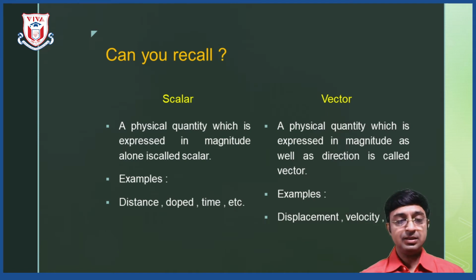For example, what are the examples of scalar quantities? Distance, then speed, that is a printing mistake there, then time, etc. And examples of vectors are displacement, velocity. Direction as well as magnitude is required to measure these terms, that is displacement and velocity. So these are the examples of scalars and vectors given here.